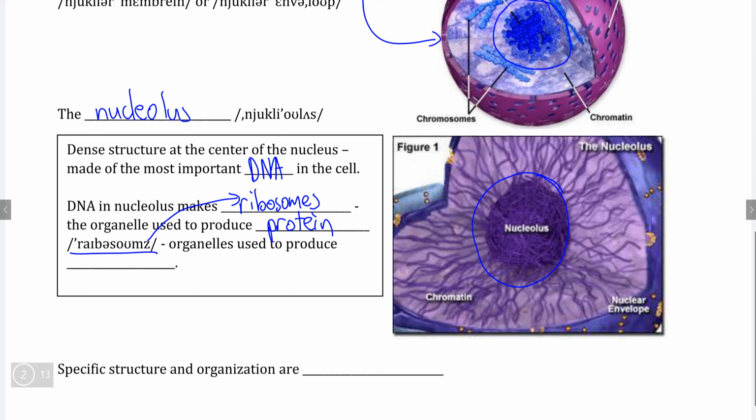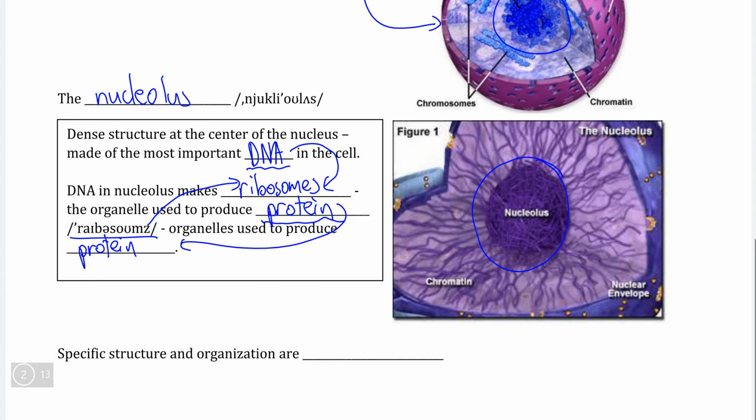So this is why the nucleolus is regarded as the most important component of the nucleus, and why DNA is regarded as the regulator for protein synthesis, because this DNA in the nucleolus leads to the production of ribosomes, and without ribosomes, all of the protein that exists within the cell is not able to be produced.